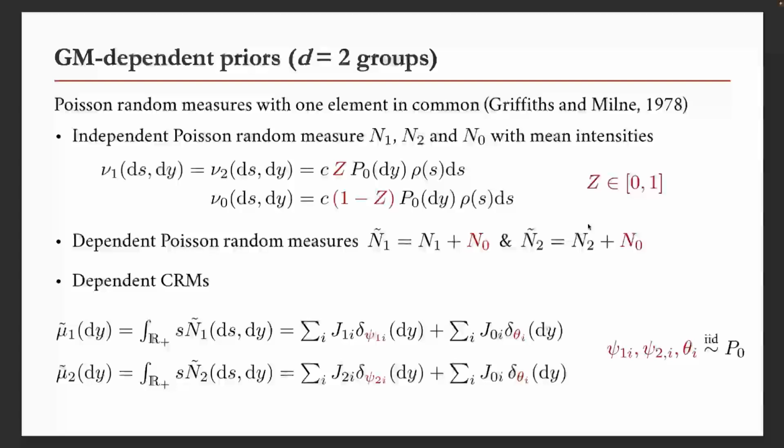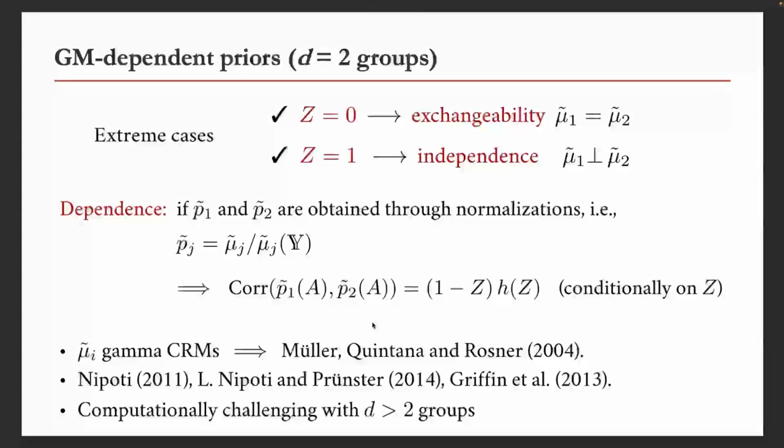So by taking linear functionals of these Poisson random measures, you have completely random measures that are dependent, and you see the dependence is encoded in this common component, and then you have the idiosyncratic components here. Now, these three cases correspond to the ones Jim was referring to in this paper: z equal to 0 and z equal to 1 correspond to complete dependence, or exchangeability, and independence.